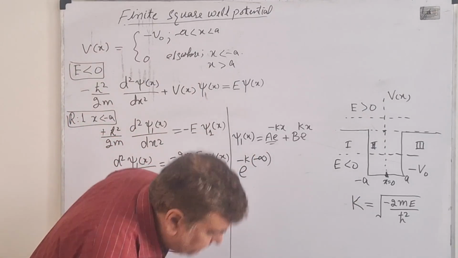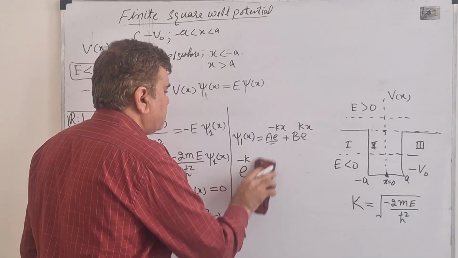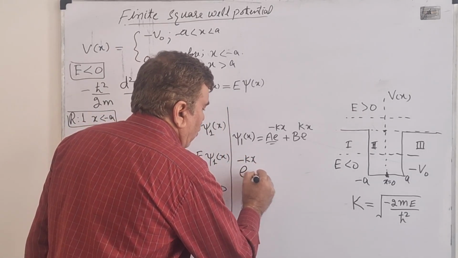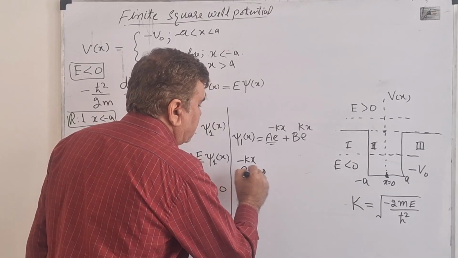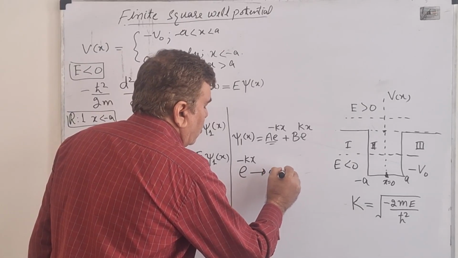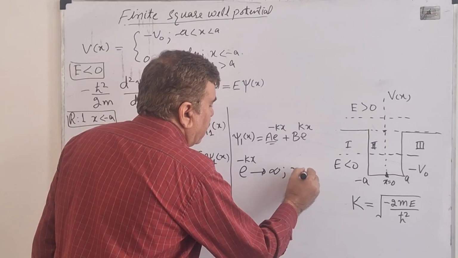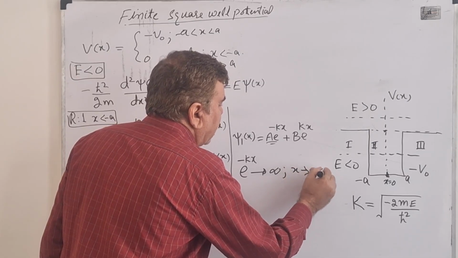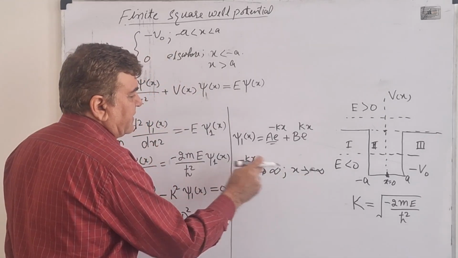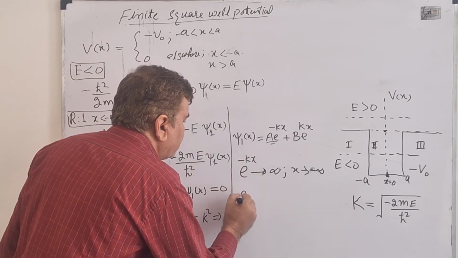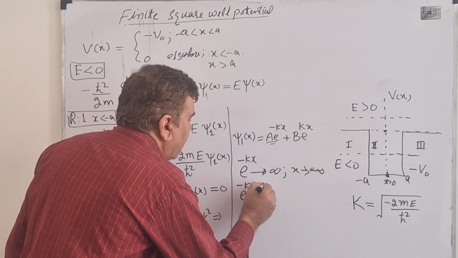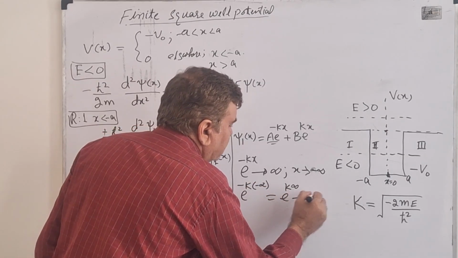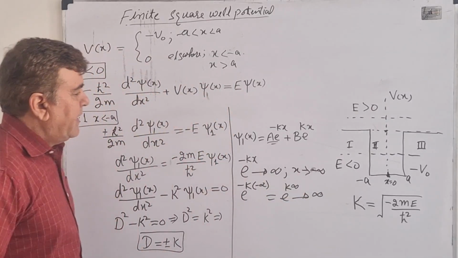Or in other words, let me write: this term goes to infinity when x goes to minus infinity. If I replace x equal to minus infinity, this gives me minus k into minus infinity equals exponent k infinity, and therefore this goes to infinity.